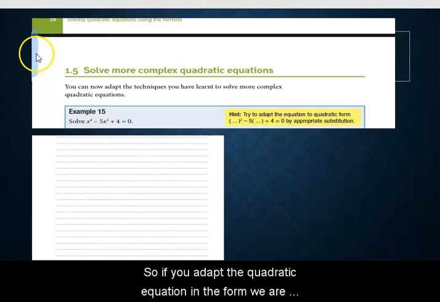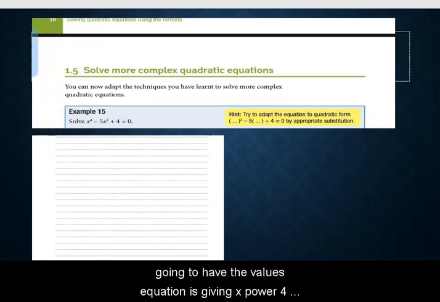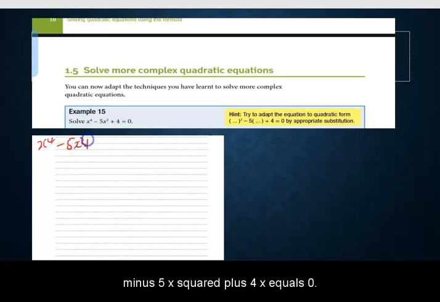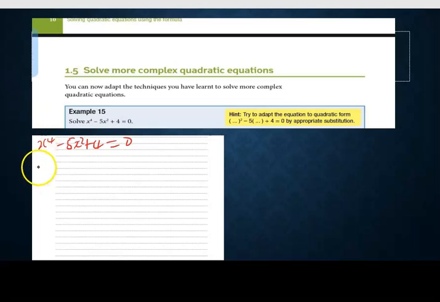So if you adapt the quadratic equation in the form, we are going to have the values. Equation is given x power 4 minus 5x squared plus 4 equals 0.